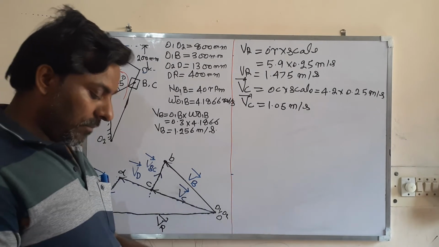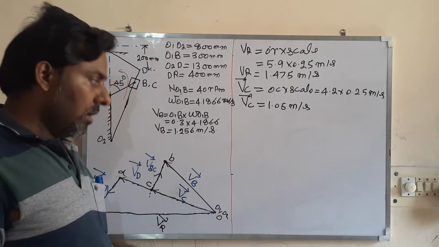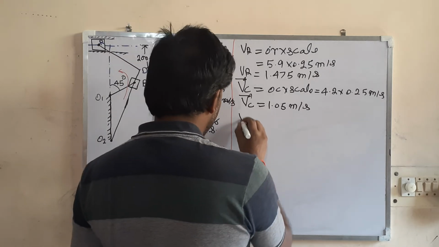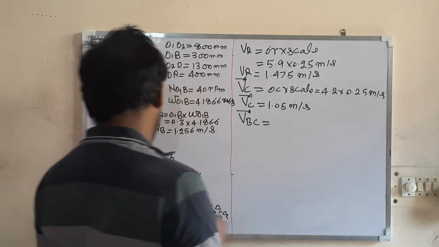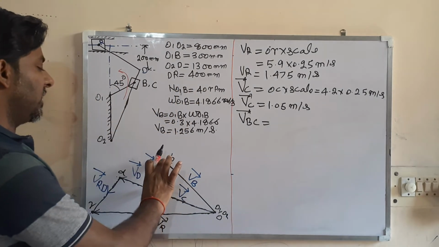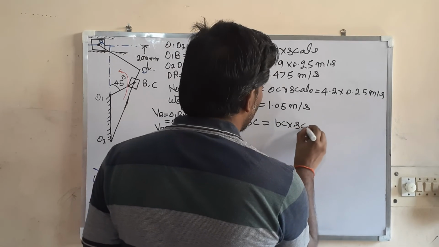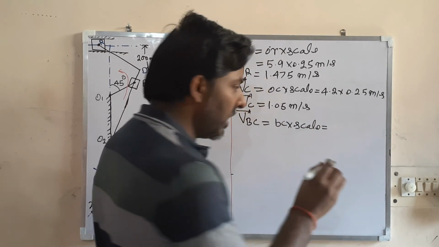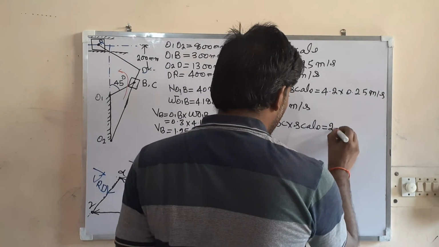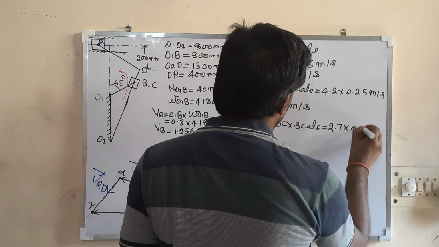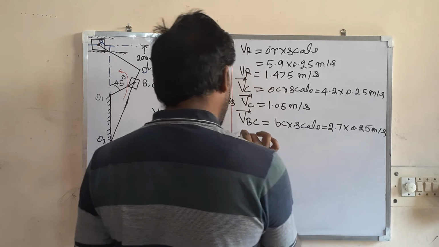Now he is asking the angular velocity of link O2D and VBC. So let us calculate VBC, velocity of point B with respect to C is equal to what? This BC into scale. By measurement, I am getting BC is equal to 2.7. 2.7 into scale 0.25, this much meter per second.